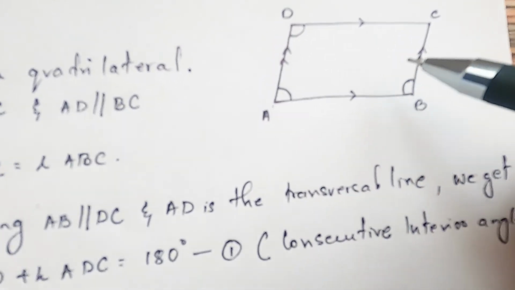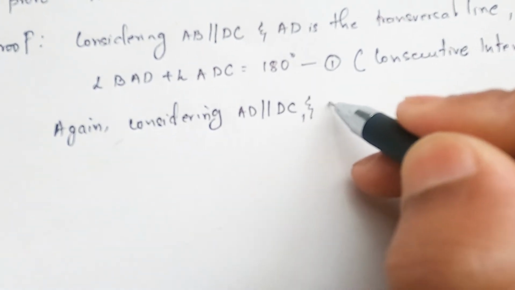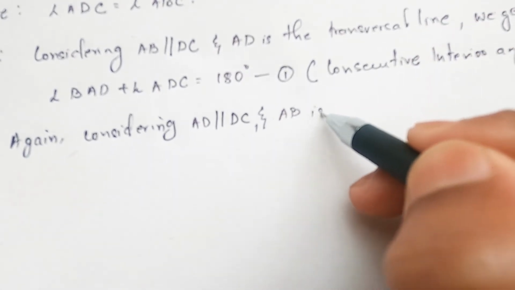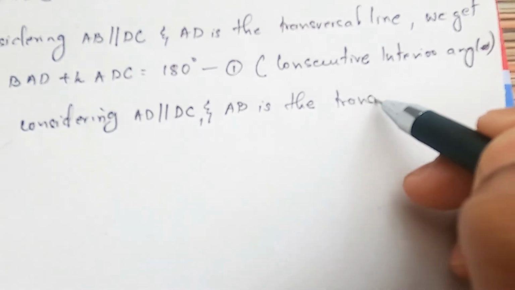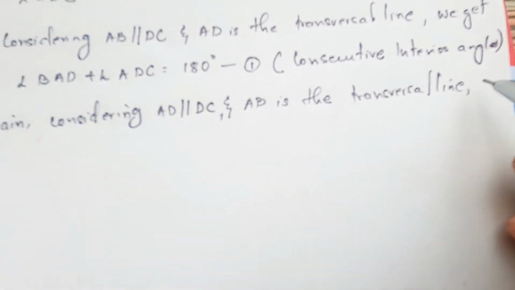consecutive interior angles. And AB is a transversal line.